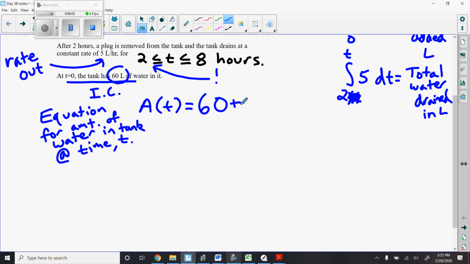But I have to add to that 60 to figure out how much is in there. I have to add in how much was added. Well, that would be the integral from 0 to t of r of t dt.